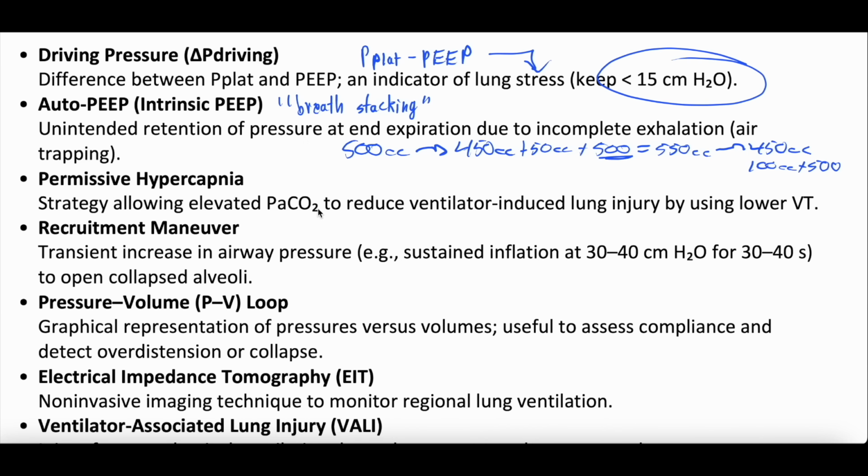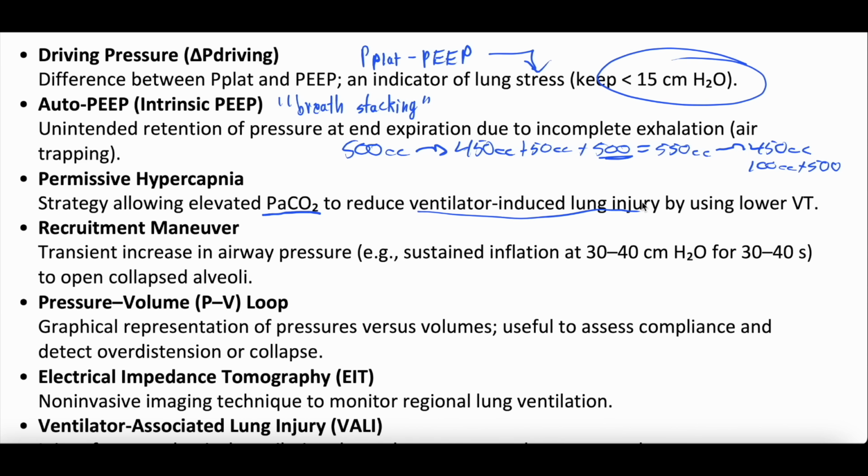Permissive hypercapnia. This is the concept where we allow an elevated amount of arterial carbon dioxide, PaCO2, as a way to reduce ventilator-induced lung injury. So in our patients with ARDS, this is something we do. We really want to make sure those patients aren't getting barotrauma, which is where you get over-distension in the alveoli causing damage. So we will drop their tidal volumes lower, 6 cc's, 5 cc's per kg, and target a certain plateau pressure.